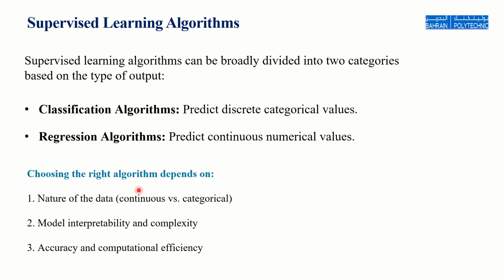Now coming back here, this is again something which we have already told. The classification algorithms are used when we are going to predict discrete categorical values, and for regression we are going to use continuous numerical values. And how can we select the right algorithm? It depends upon the data itself and the model interpretability and complexity. Model interpretability is a very important term.